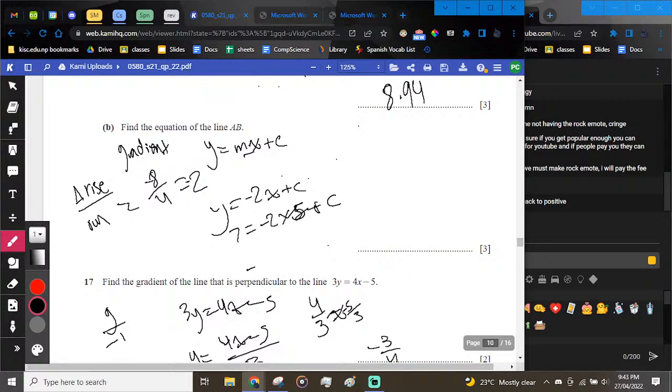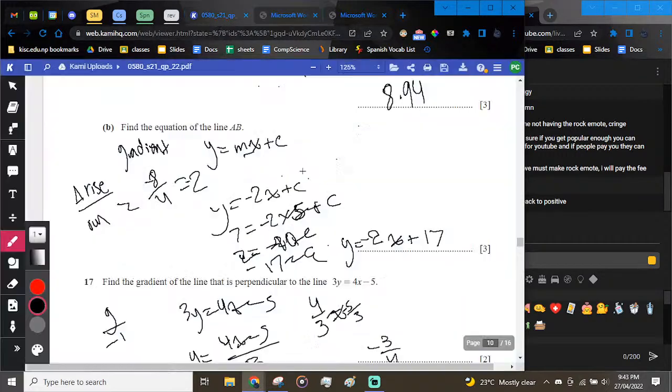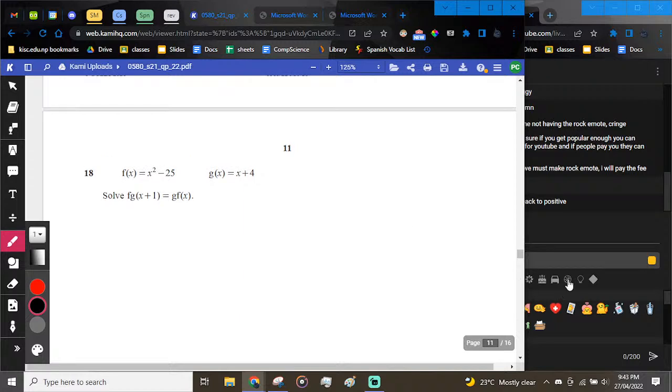Minus 10. 17 equals c. So y equals -2x plus 17. And according to the mark scheme, that is correct. This is also correct, -3 over 4. Let us proceed.